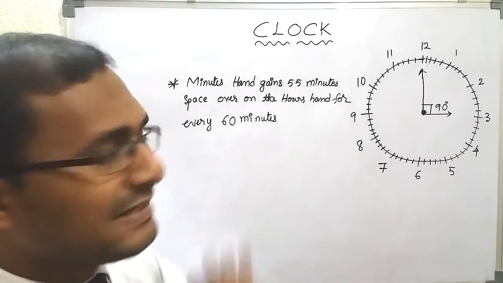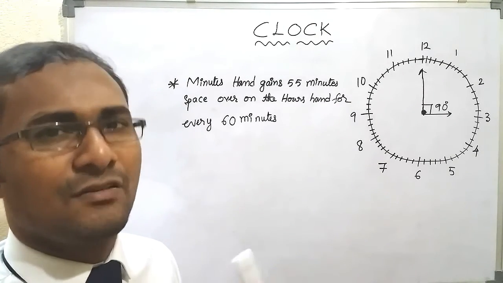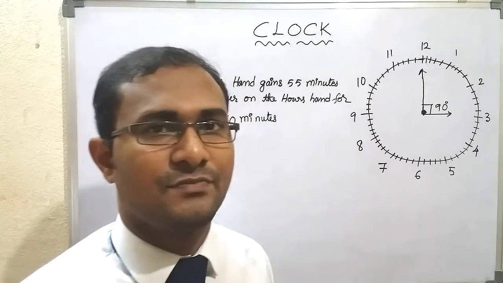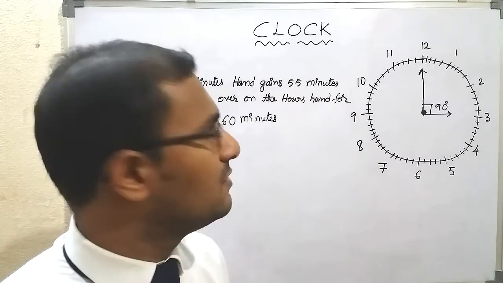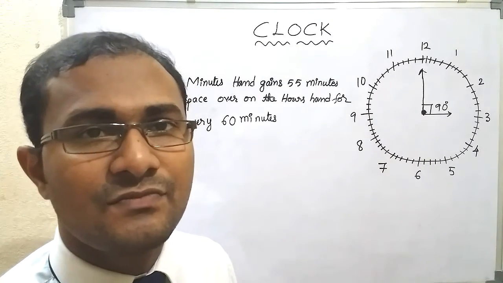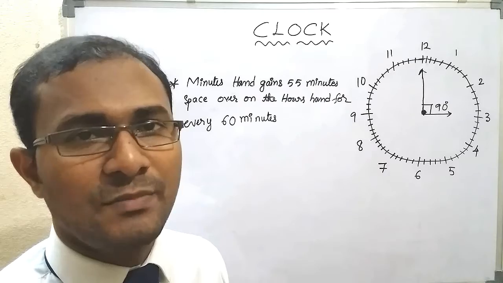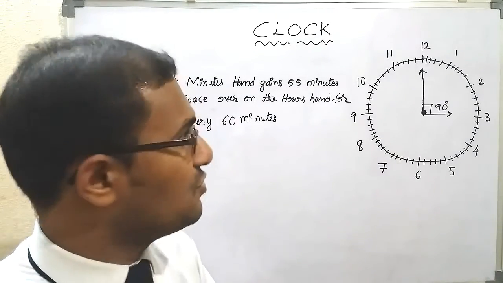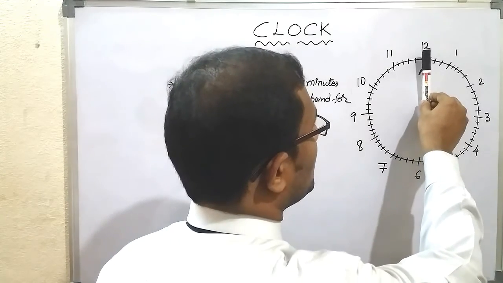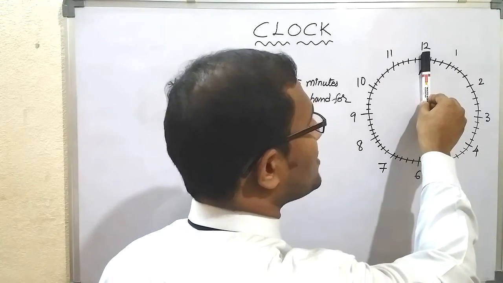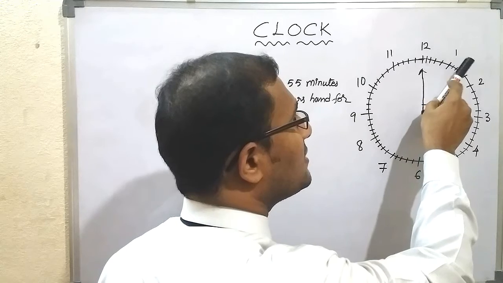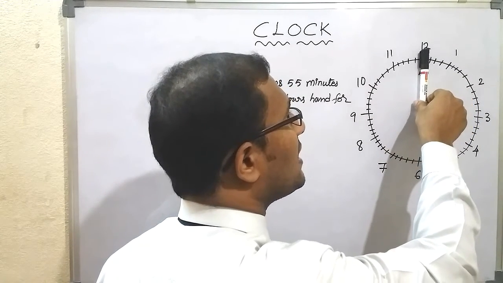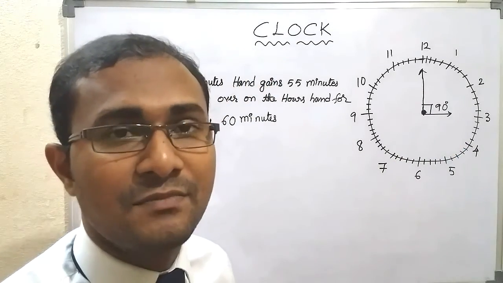For example, let us take 1 hour. Now the time is 3 o'clock. After 1 hour, it means at 4 o'clock. In this 1 hour time duration, the minutes hand starts from 12, goes around, completes the circle and comes back to 12 again.